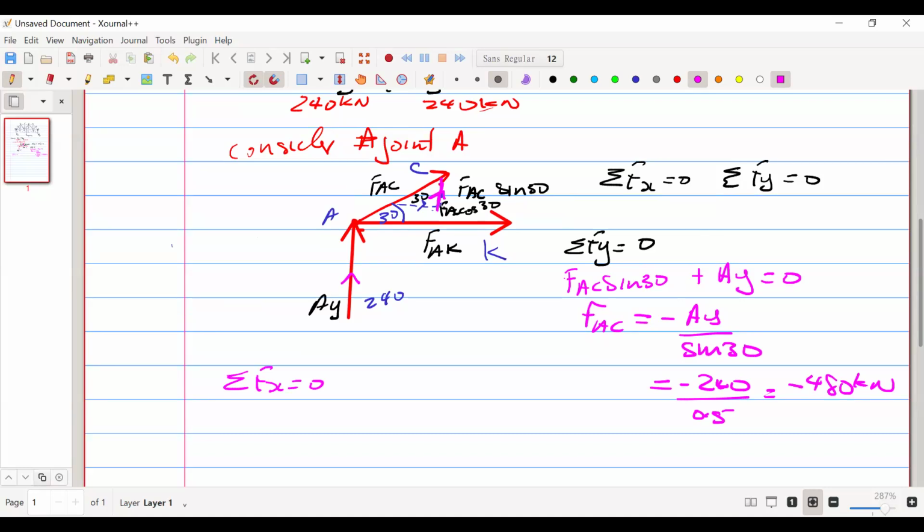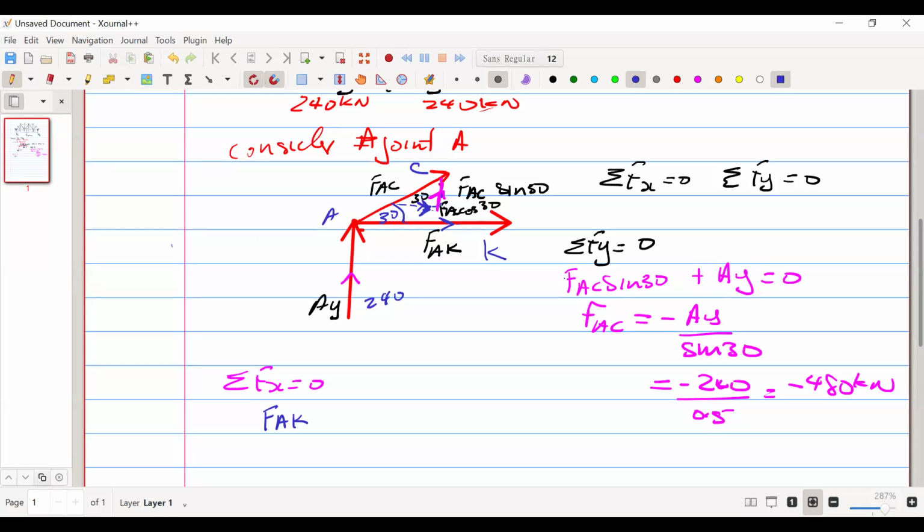So for X now, let's look at it. What are the components here that I need to find? Let's highlight them with a different color. So there's one here, and there's one here already in blue. All right, so let's write them. The first one is FAK, which is assumed to be in tension, both of them.